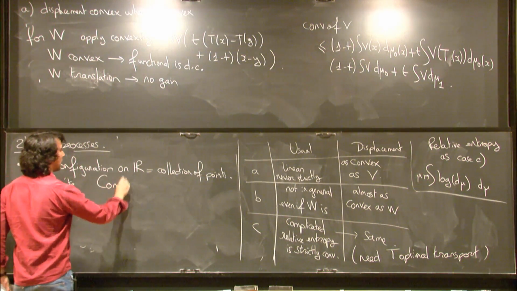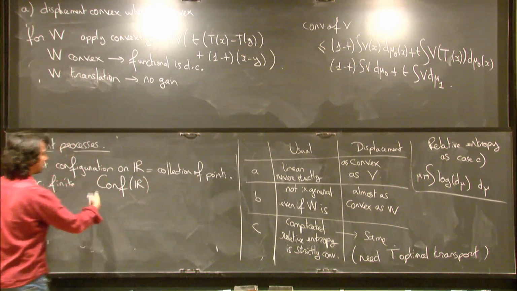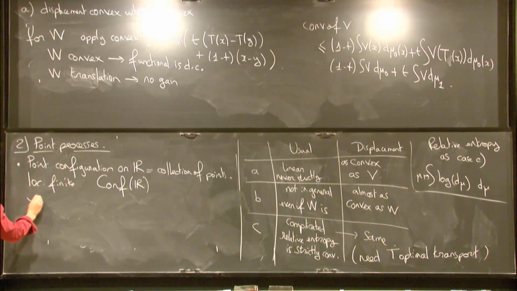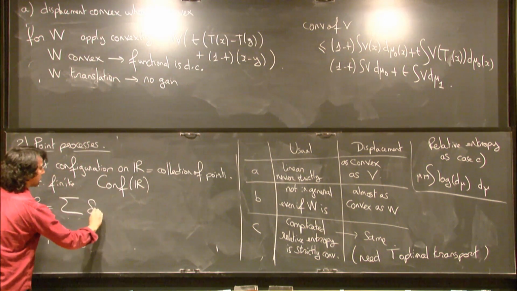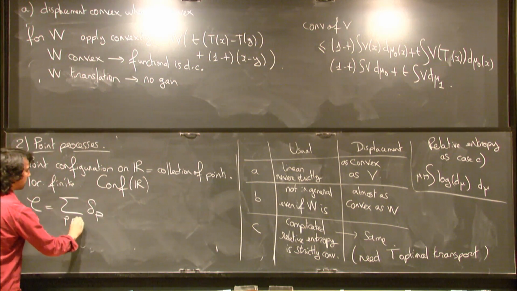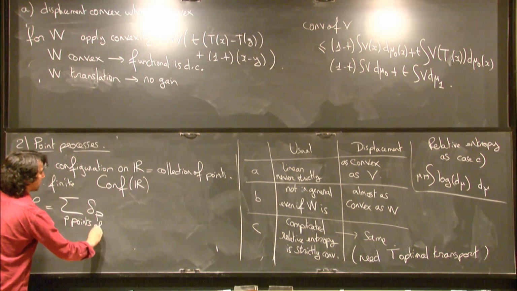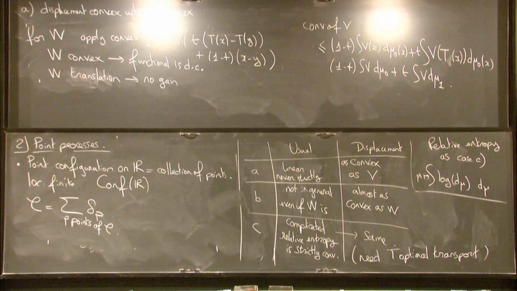This is the space of all configurations, and I will denote it by C. So you can see a configuration as a sum of Dirac masses, and the points are the points of the configuration. So it's just a measure with typically infinite mass on R.